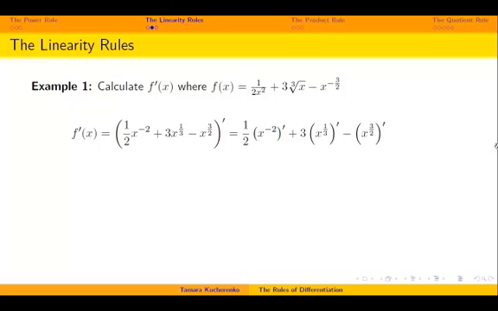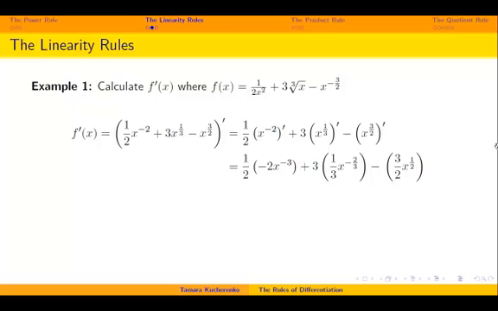The derivative of x to the negative 2 is negative 2 times x to the negative 3. The derivative of x to the 1/3 is 1/3 times x to the negative 2/3. And the derivative of x to the power 3 halves is 3 halves x to the 1 half.